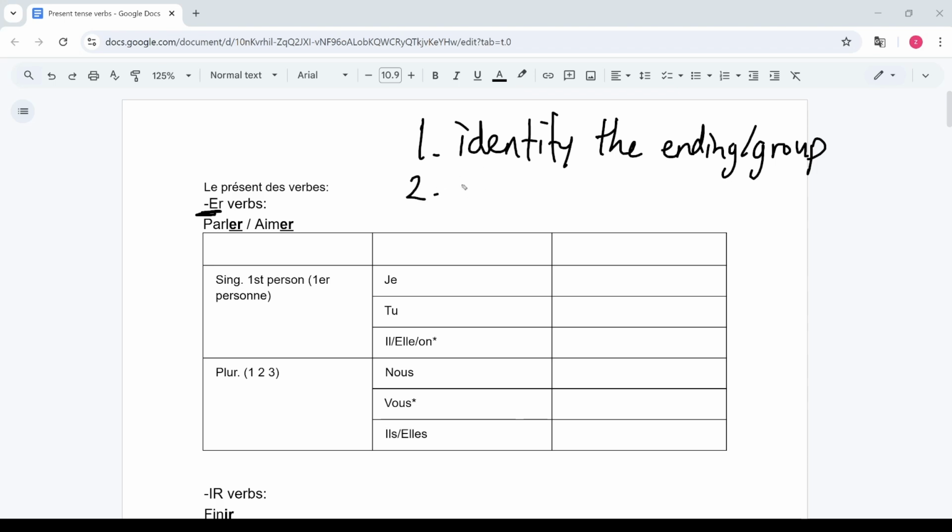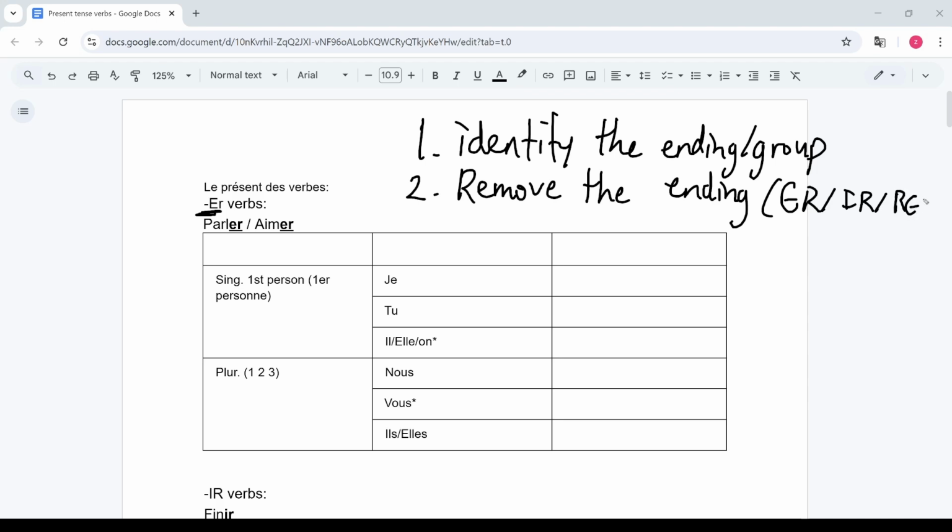The second step is to remove the ending, either ER, IR, or RE. And then the third step is to add new endings for present tense.